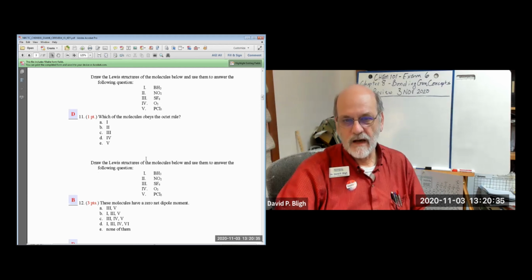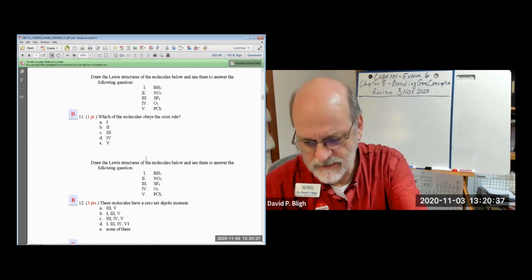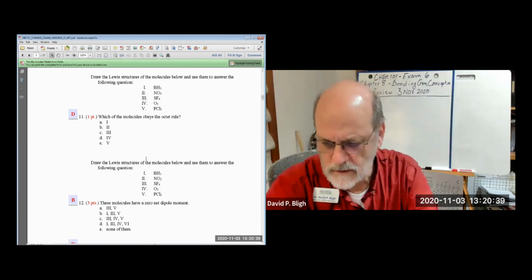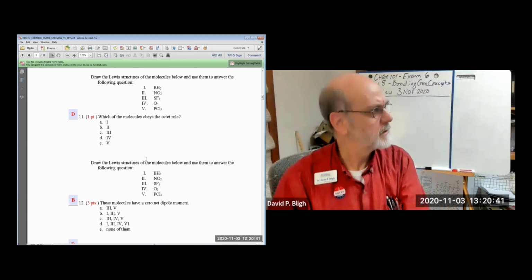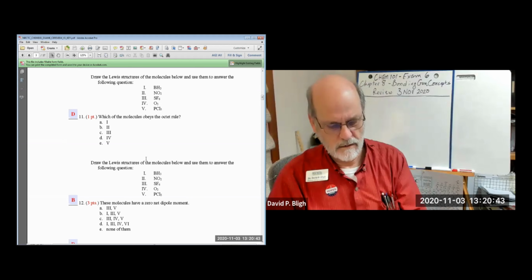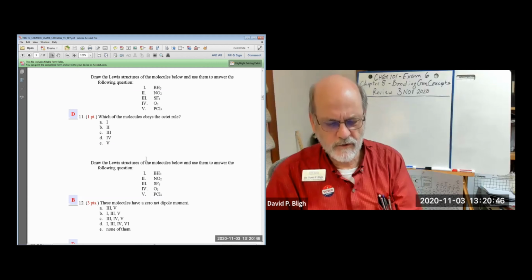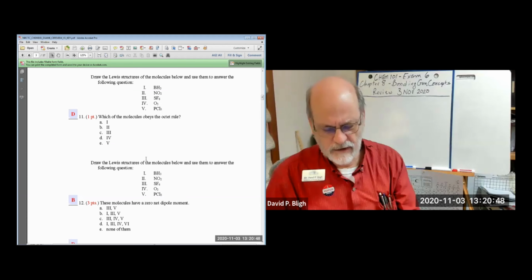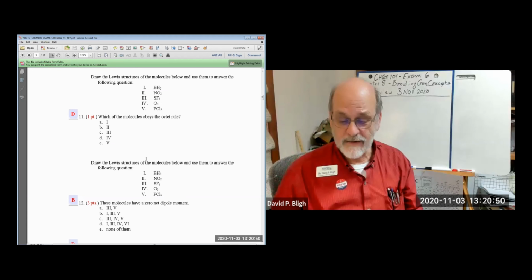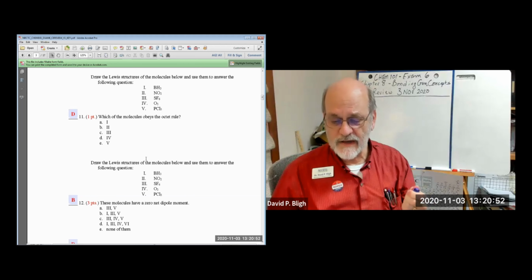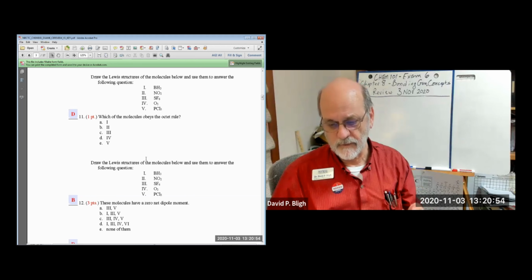Okay. Number 11. Let's see if we've got time to do this one. Draw the Lewis structures for the molecules below and use them to answer the following questions. 11 says, which of the molecules obeys the octet rule? All right.